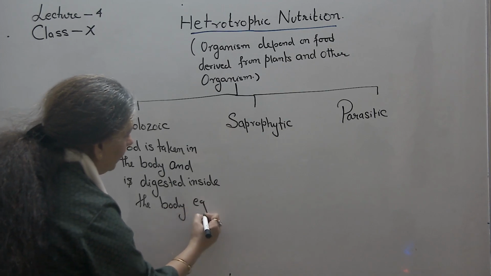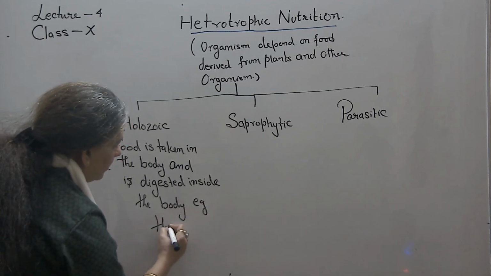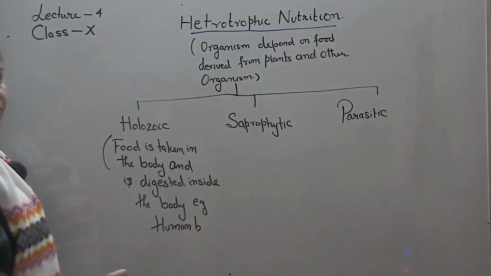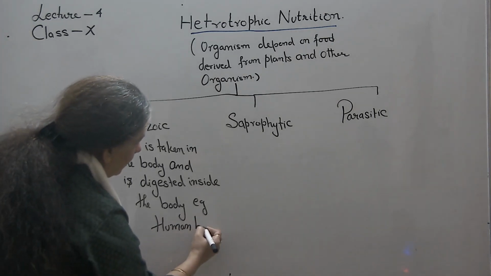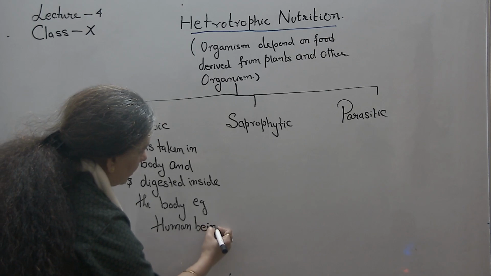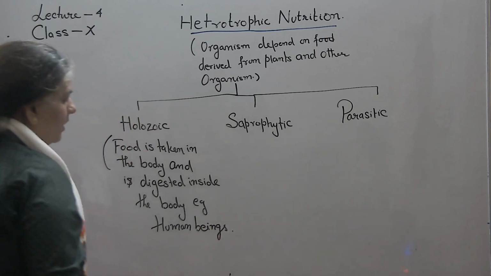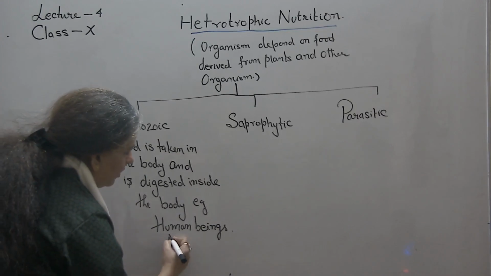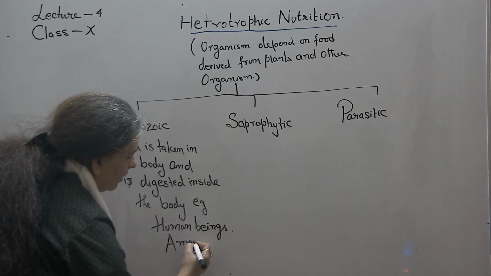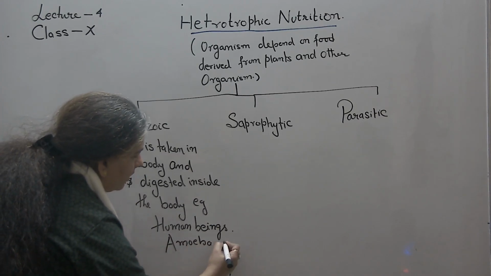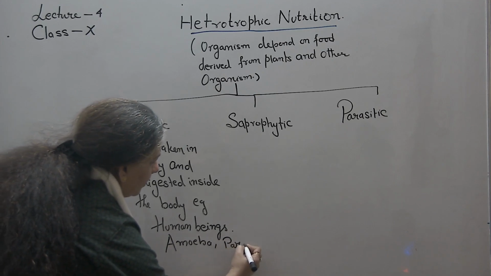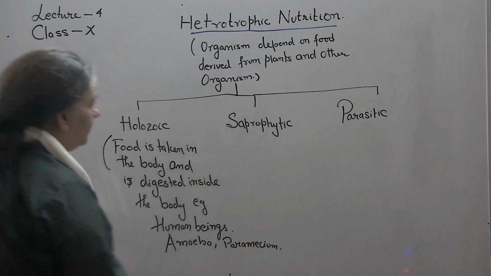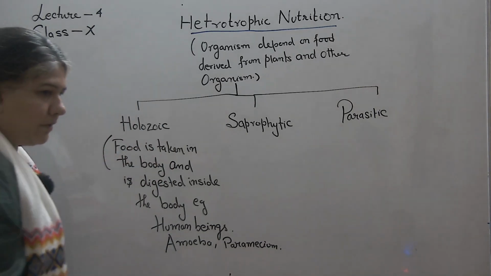Examples: human beings and various herbivores, then simple celled organisms like amoeba and paramecium. So these are the examples.